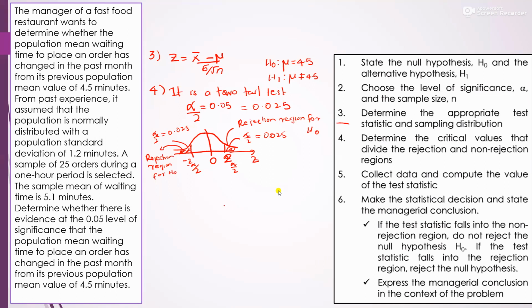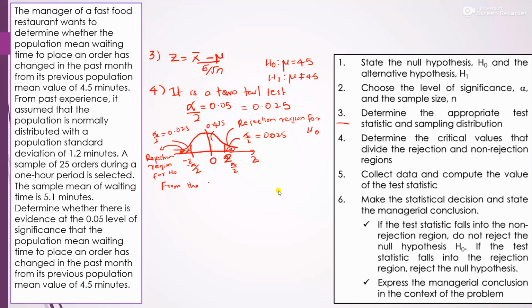Right? So now we know the corresponding Z values from the table. This area is 0.475. From the standard normal table, we have to identify the critical values, right?